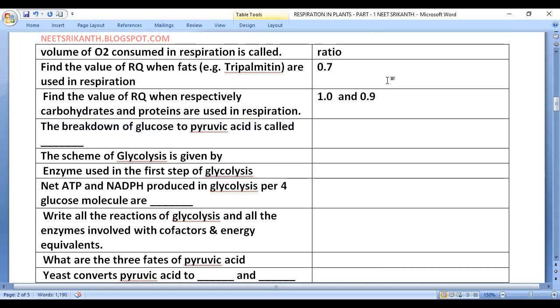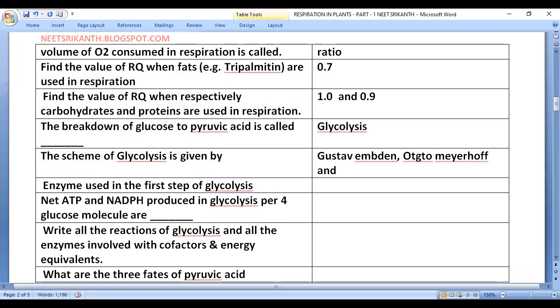Breakdown of glucose to pyruvic acid is called glycolysis. The scheme of glycolysis is given by Gustav Embden, Otto Meyerhof, and J. Parnas. The enzyme used in the first step of glycolysis is hexokinase.